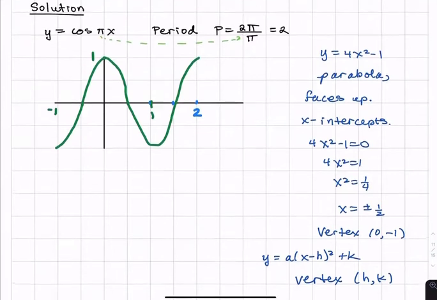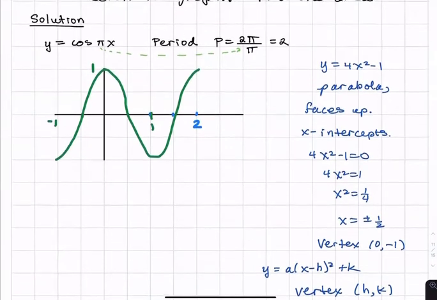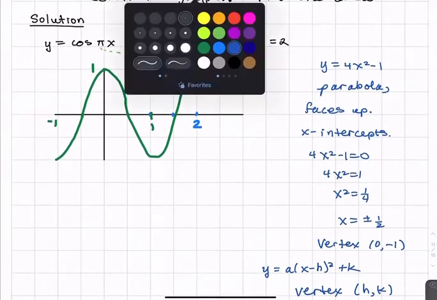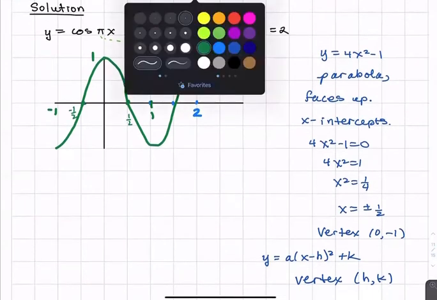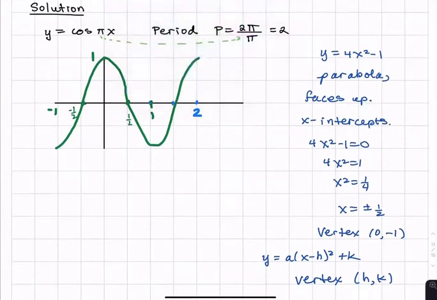The vertex is (0, -1). Now going back to my graph, I see where -1/2 is. Those are the x-intercepts, and without doing any more, I can find where these two graphs intersect. So it looks sort of like this.